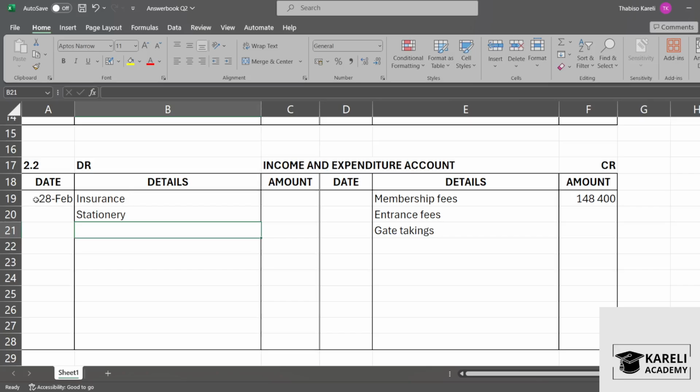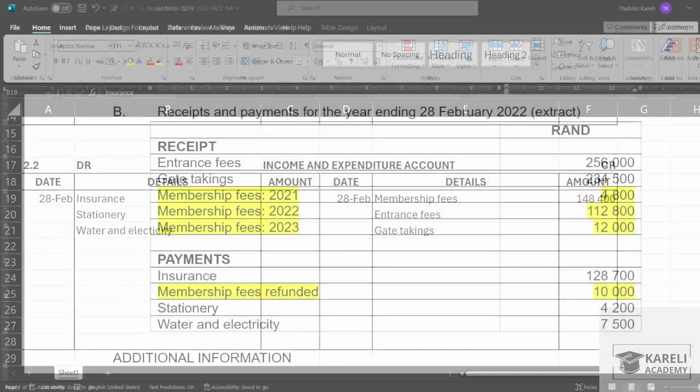We have water and electricity. The dates, let's not forget the dates. Now, I'm not going to write the amounts first so that we can check from our additional information what they have to say about these.